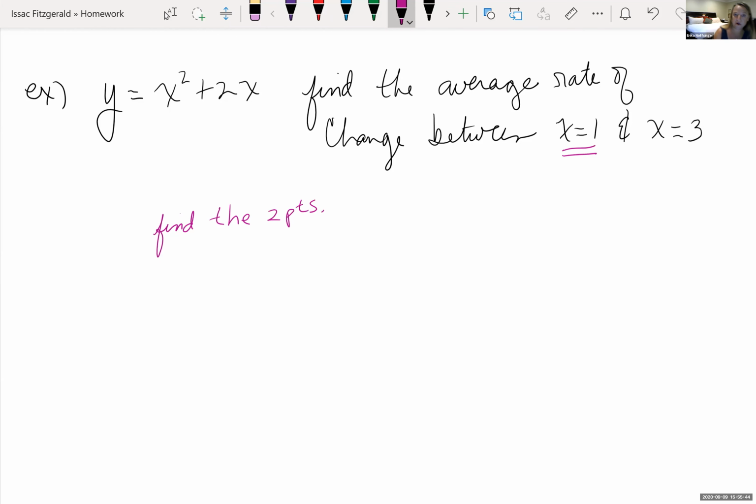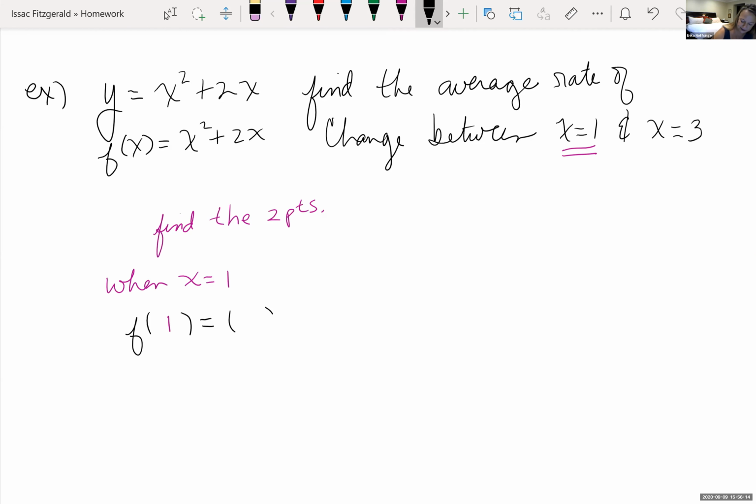Well, let's figure out what our y value is when x is 1. This is where it's helpful to have function notation. We could say this is f of x equals x squared plus 2x. Instead of having to write this, I could just say, let's look at f of 1, which means wherever I see an x in my equation, I'm going to put a parentheses.